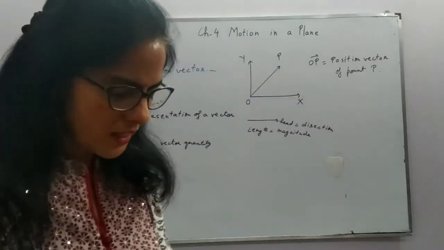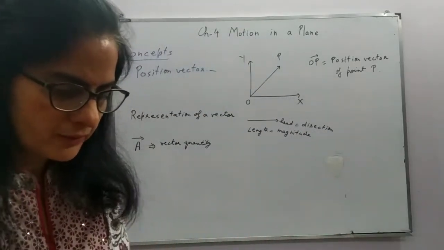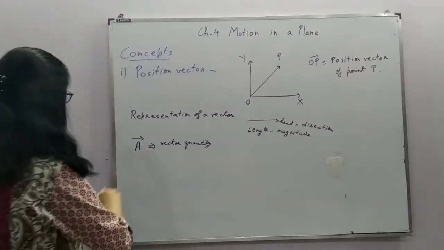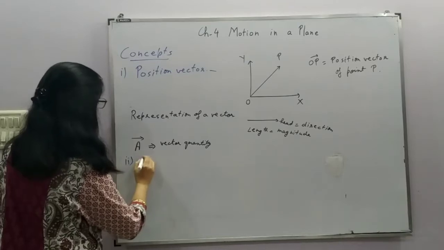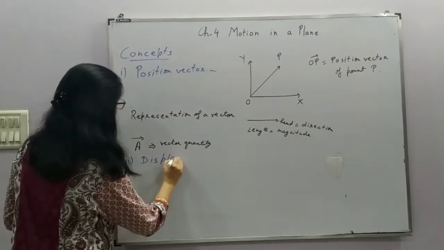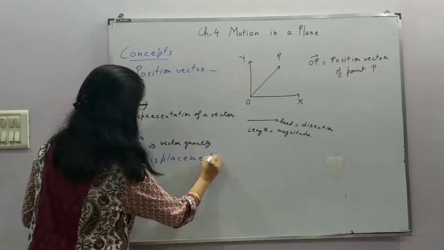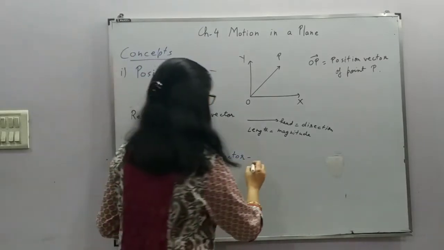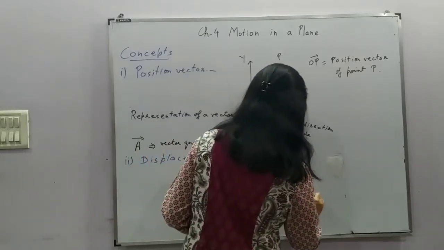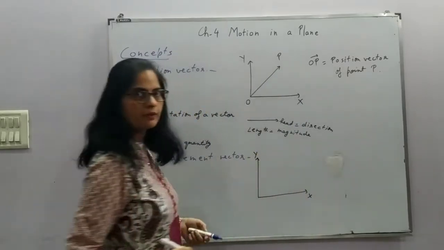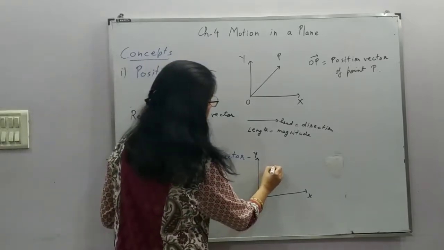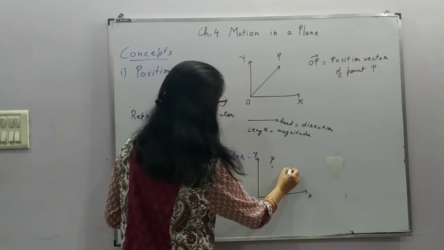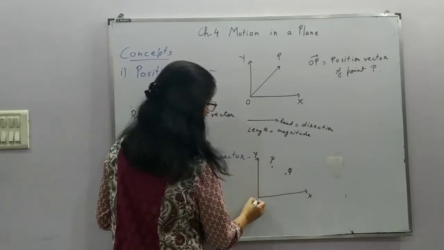Now let's discuss another case where we have 2 points, right? So if we talk about this, then we can talk about displacement vector also. So that means if you have an XY plane, right, and you have point P, and this is point Q, right? This is origin.